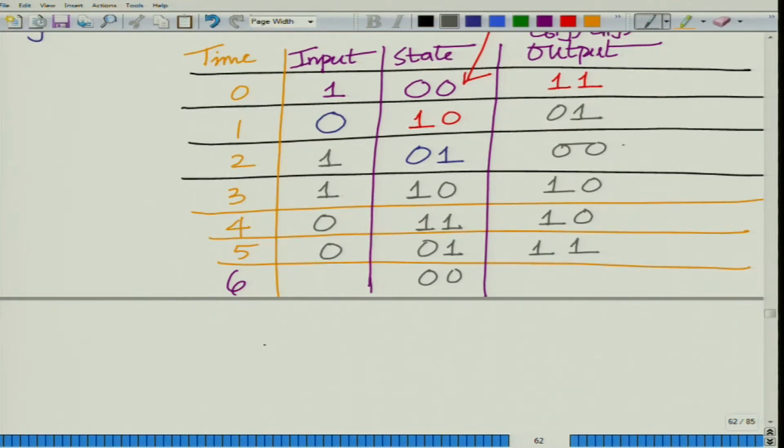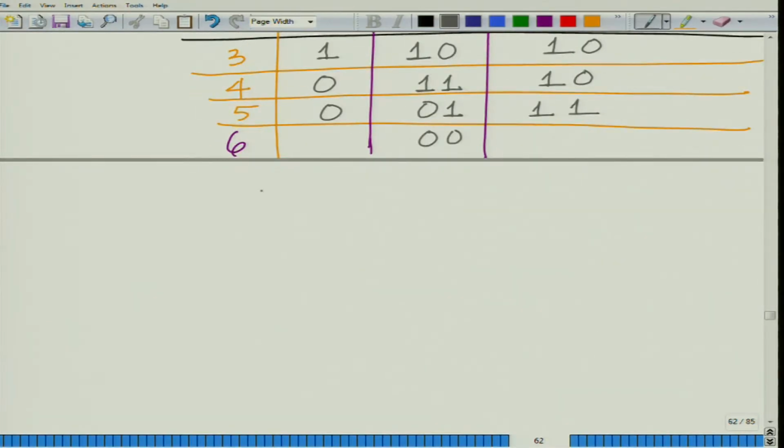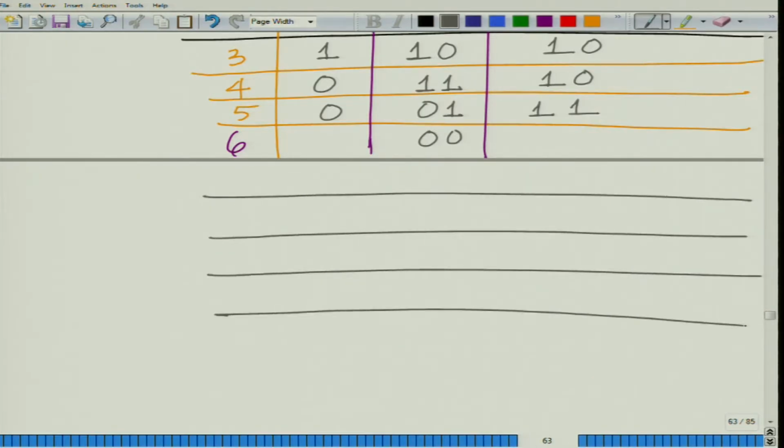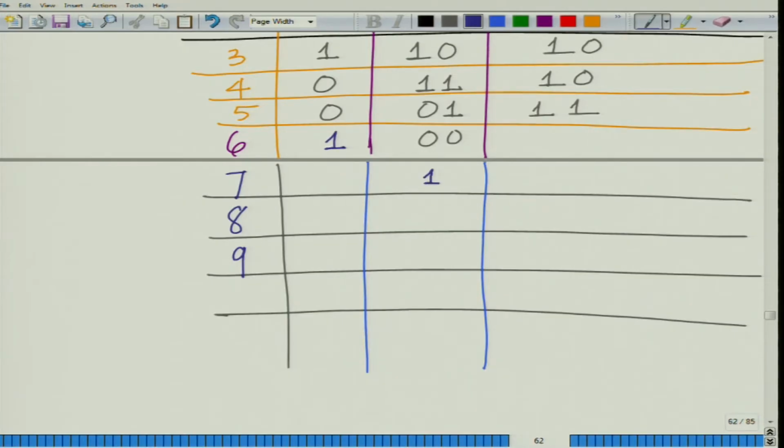Now let me just draw the rest of the table, so I will have time instants 7, 8, 9. At time instant 6 the input bit is 1, the next state is 1 0 and the output is 1 1.